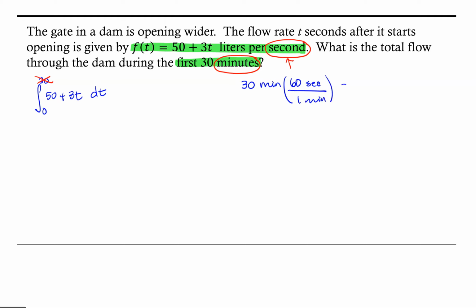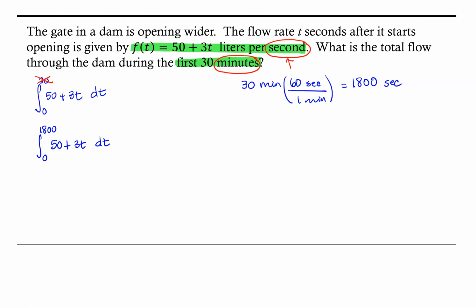So my upper limit of integration should actually be 1,800 seconds. So the correct integral we want to consider is the integral from 0 to 1,800 of 50 plus 3t dt.